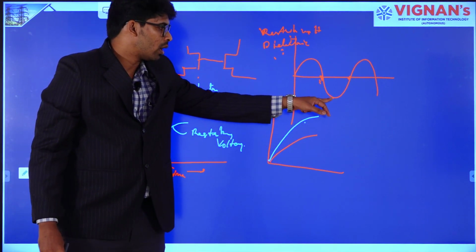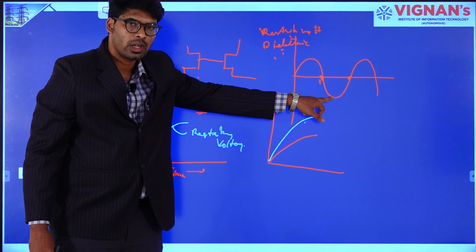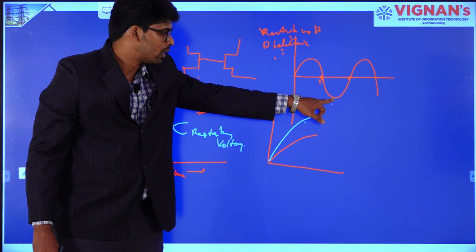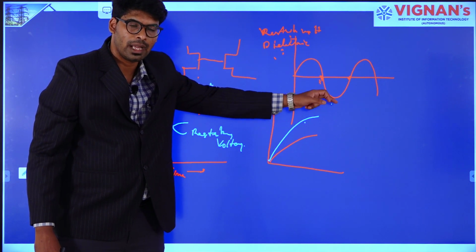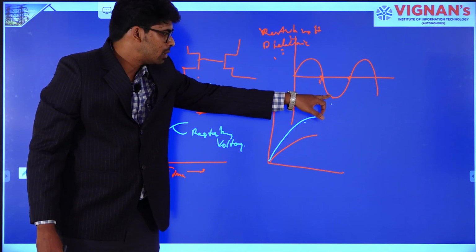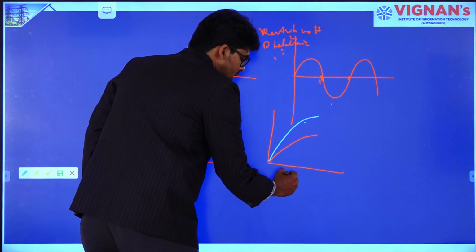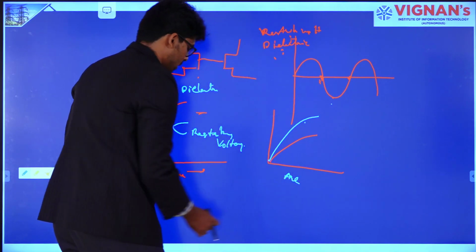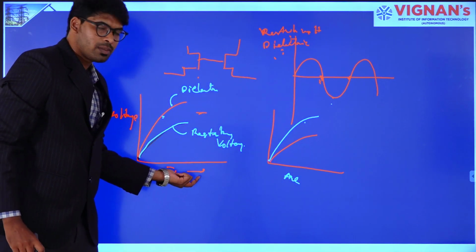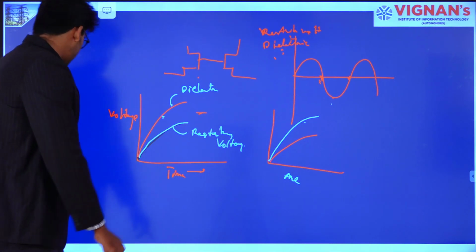That means if you are ready to move the contacts and break the circuit at this point, the arc is not extinguished. Arc extinction is not possible in this period, but arc extinguishing is possible at this point. This is about recovery rate theory.